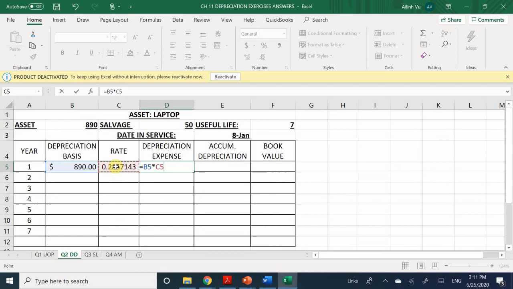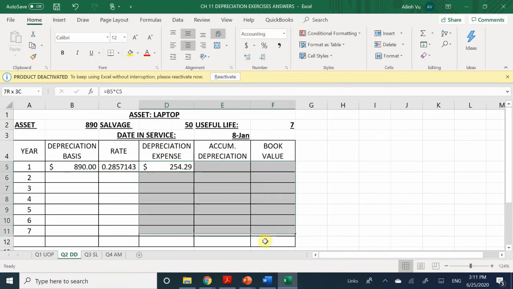Let me see. Yep, we do have to round it this time. So 254.29. Yes. Okay. I've already formatted them, but I'm going to reformat them just in case it doesn't go through. I'm going to format them as the dollar value, so I'm going to do accounting so that it rounds to the nearest penny and it stops there.